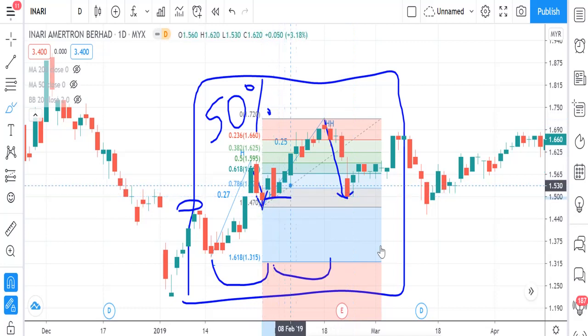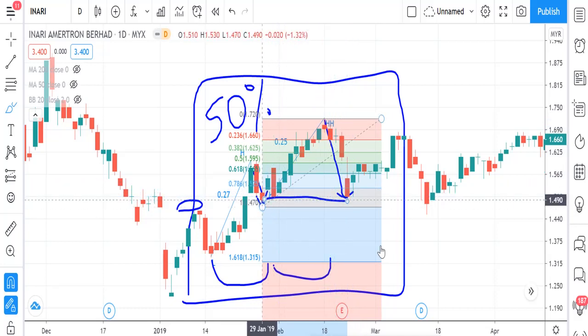It almost went back to that zero level. No, it didn't go back to the zero level. Actually, it went back to the zero level. In other words, it retraces. It's very difficult to see.